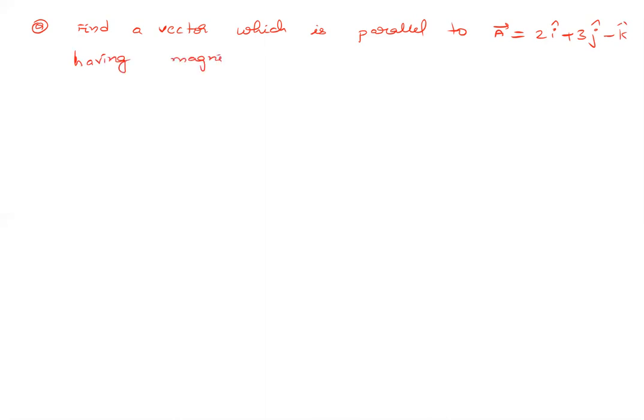So my question is like this: find a vector which is parallel to a bar is equal to 2i cap plus 3j cap minus k cap, having magnitude of d bar is equal to 3i cap minus 2j cap plus 4k cap.